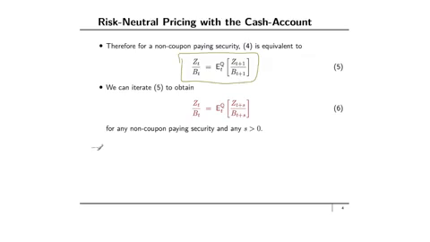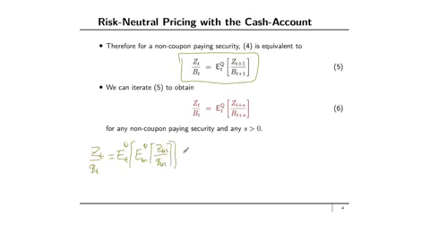So for example, I can write Z_t over B_t is equal to E_t under Q of, well, we know it's Z_{t+1} over B_{t+1}, but I can actually use this equation 5 again to write Z_{t+1} over B_{t+1} as the expected value under Q, conditional on time t+1 information, of Z_{t+2} over B_{t+2}.